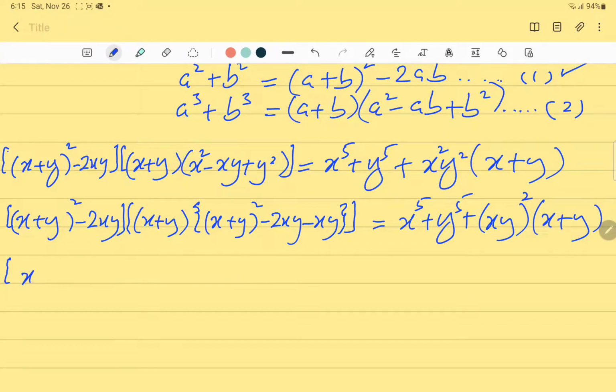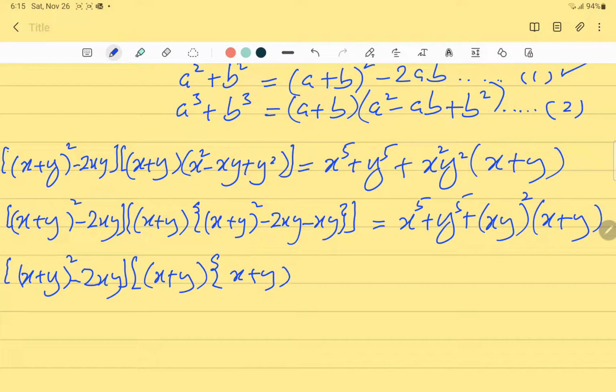Just one more step, so (x plus y) squared minus 2xy, then (x plus y), again (x plus y) squared. This will add because both are minus.